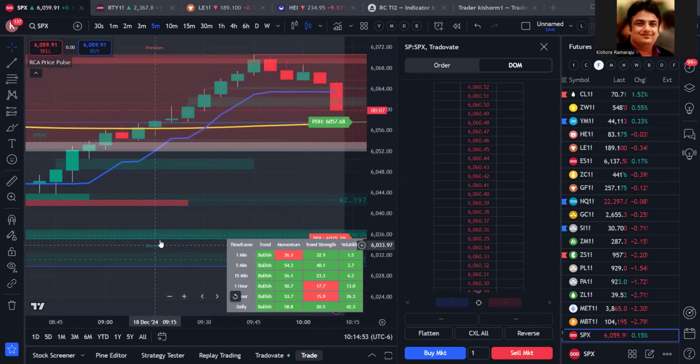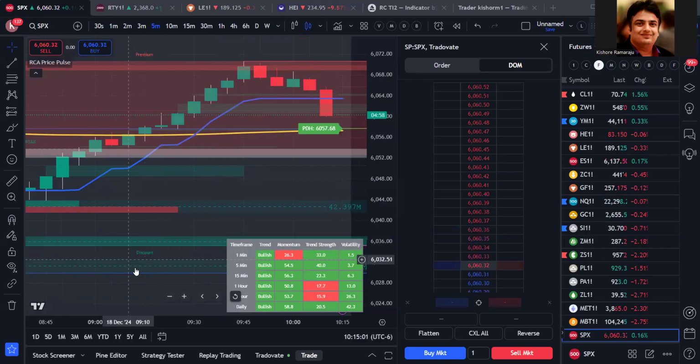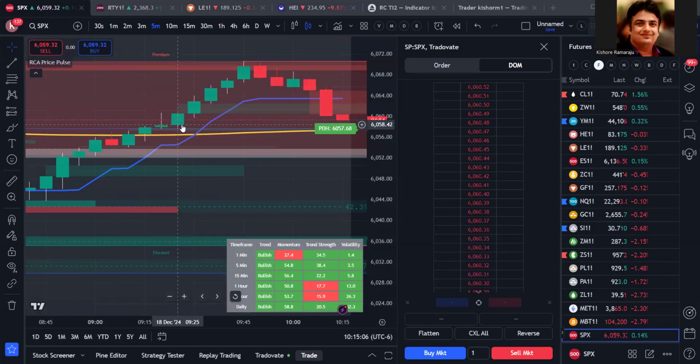So price pulse shows what is the discounted price, what is the fair value, and what is the expensive. These three things. So they always try to buy at a discount. Whenever a stock is moving up, they wait for a pullback and they try to buy at a lower price.